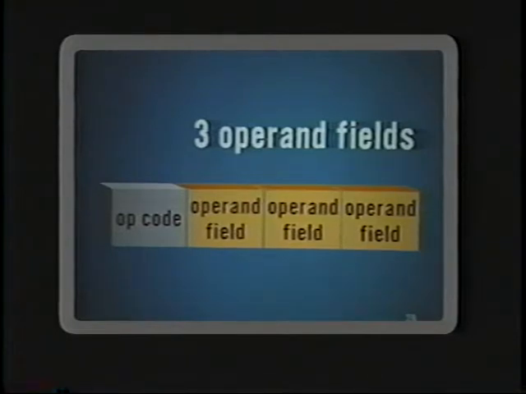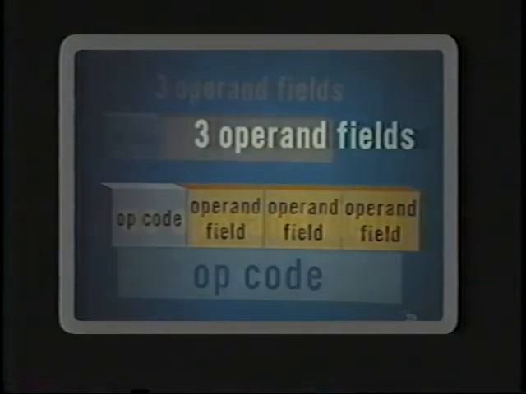Instruction formats used in some of the larger computers may contain as many as 3 separate operand fields. On the other hand, some instructions may not contain any operand field. The number of fields depends on several factors, such as the computer design, word size, and the operation called for by the instruction.